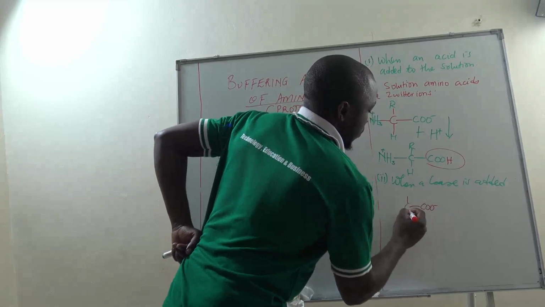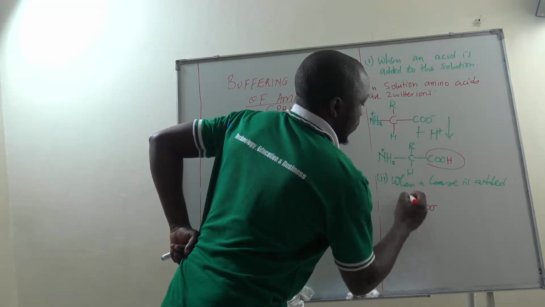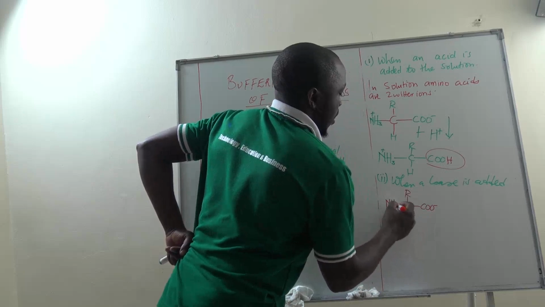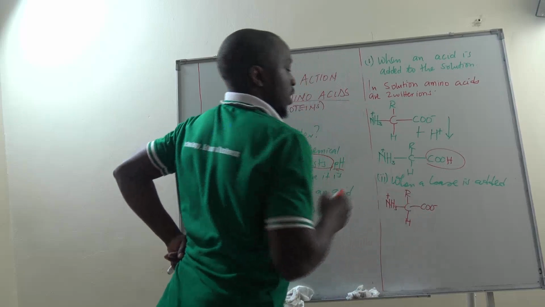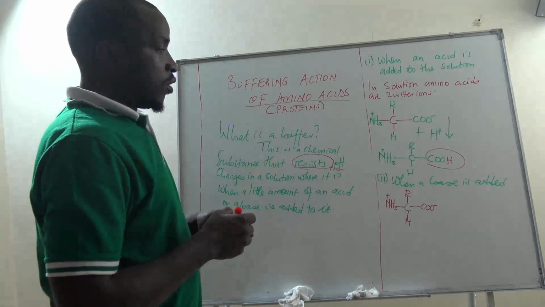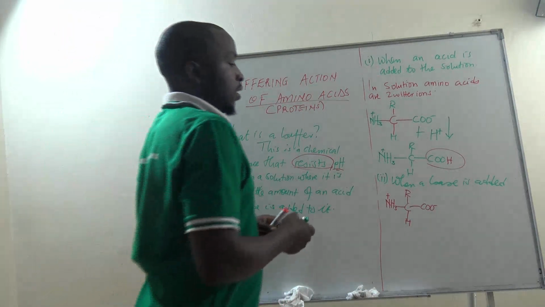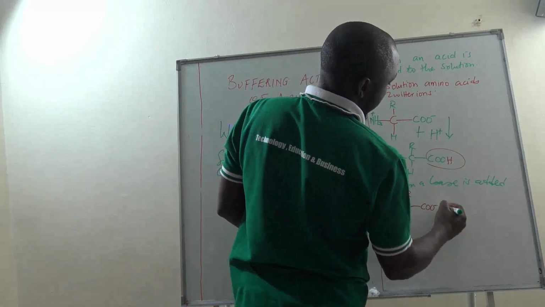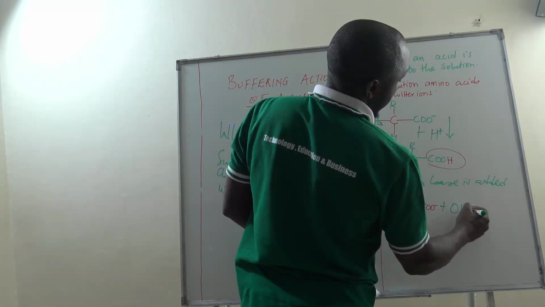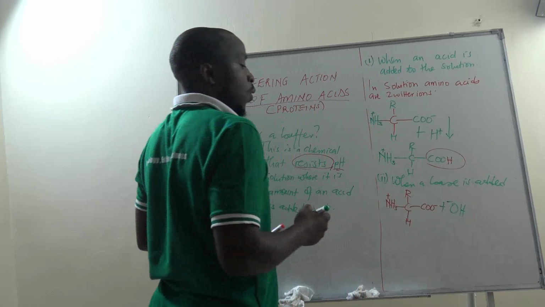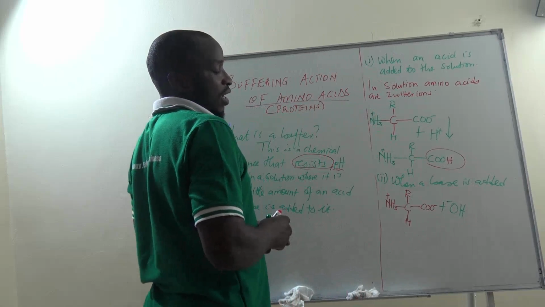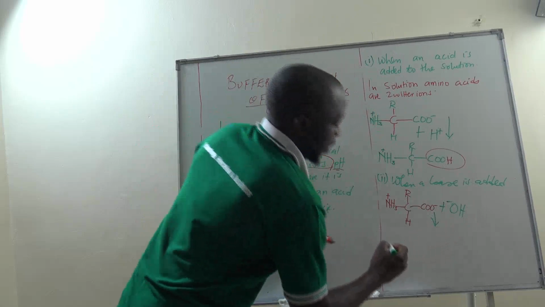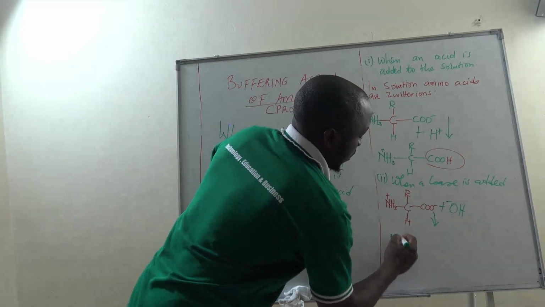So that is a carboxylic end, hydrogen, and then an amino end. If we add a base to this solution, a base now is going to be represented by hydroxyl ions. When we add them to a solution where the zwitter ion is, we are going to get NH2.